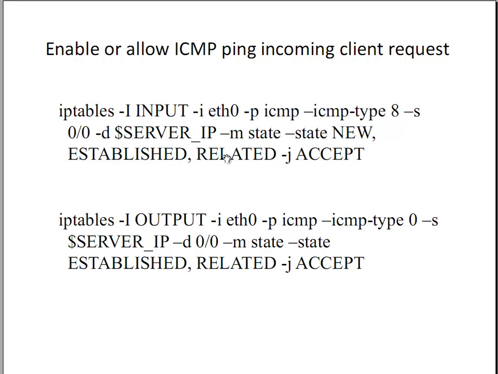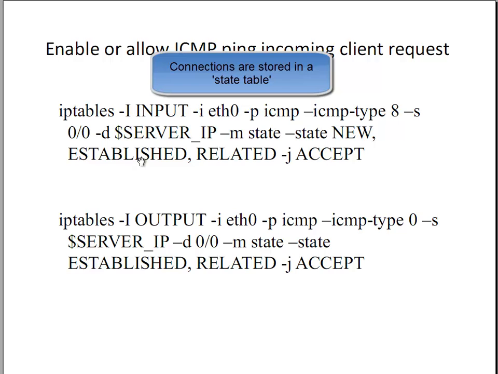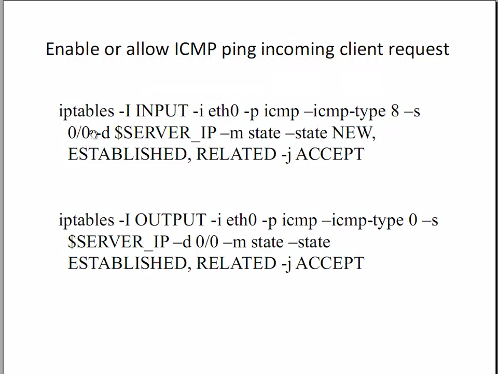Established and related means that they're going to be in the connections table for existing, already established and related connections. And so this indicates that we should accept the packets that are asking for an ICMP echo request from anybody, whether it's in a new connection or whether it's an established and related connection.